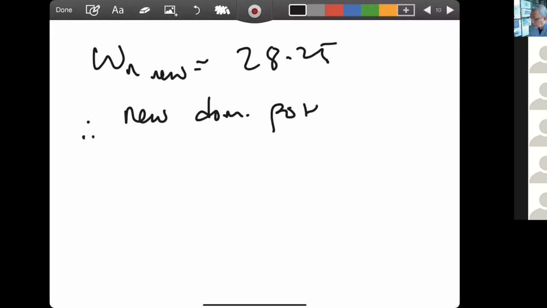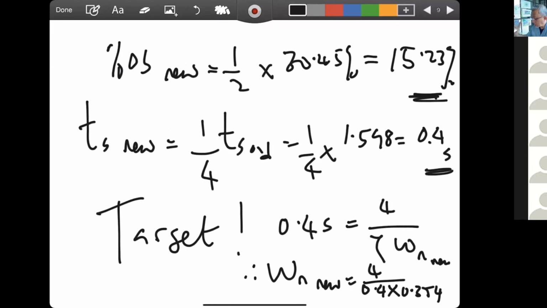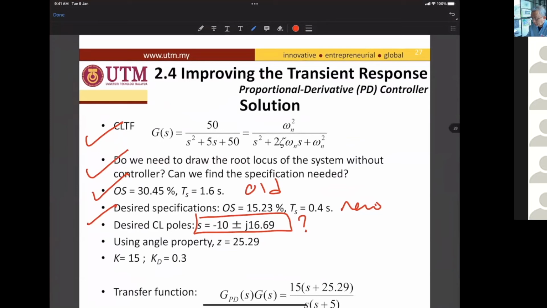Kita tahu bahawa new dominant pole adalah minus zeta omega n plus j omega d, which is minus zeta omega n plus j omega n square root 1 minus zeta square. Jadi kalau kita ambil zeta adalah still same, we don't change the zeta. Okay, zeta also been changed in this case, because kita dah turunkan ni 15.23.